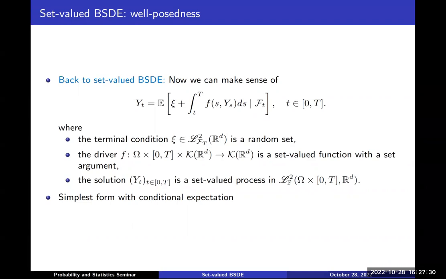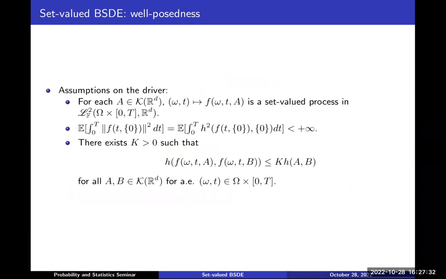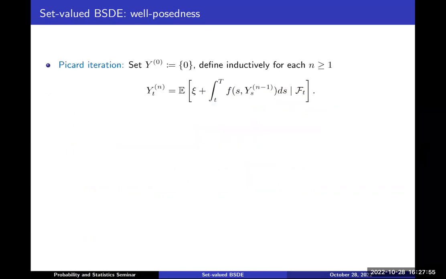Of course, under some assumptions on F, which are the extension of the standard assumptions in BSDE theory, like the Lipschitz assumption. This time I use the Hausdorff metric, and this is the assumption, and there is some measurability and integrability assumption. Minimal but standard assumptions on the driver.